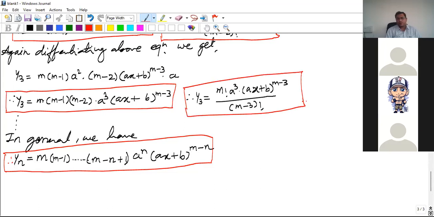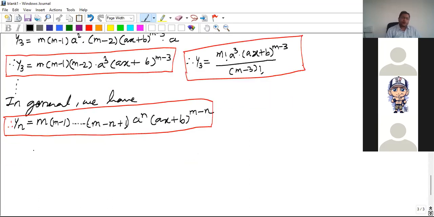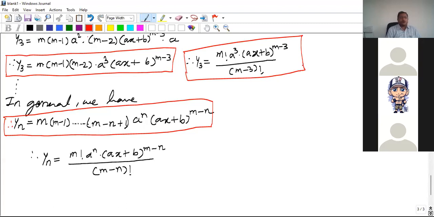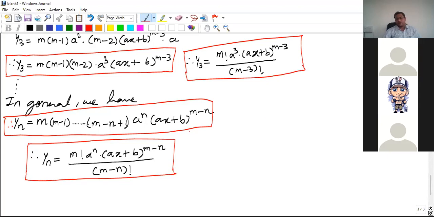And then in general, y(n) is equal to m factorial a raised to n, (ax plus b) raised to m minus n, upon (m minus n) factorial.